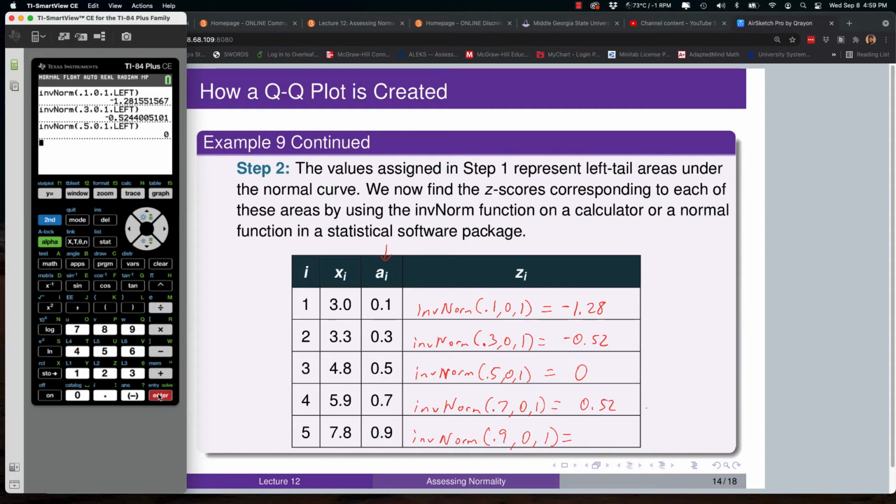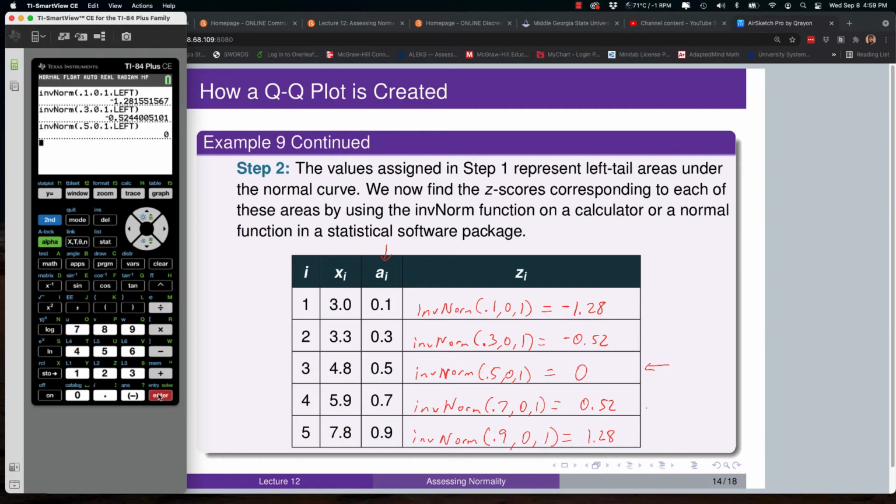And you can double check me in the calculator, and this should be 1.28. The cool thing about the standard normal curve, because it's symmetric, is that when we use the inverse norm function to find these proportions, once you get to the middle, it just mirrors the same values from the positive values up top to the bottom of the list.